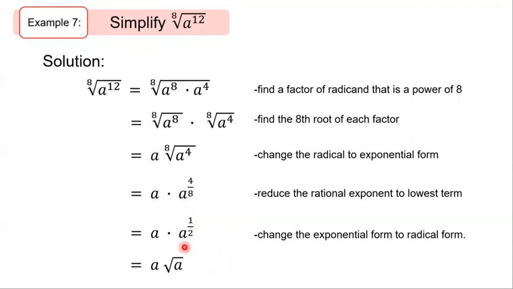Kaya naman, itong ating a raised to the 1/2 power ay naging square root of a. Therefore, the simplest form of the 8th root of a to the 12th power is equal to a square root of a, or a times the square root of a.